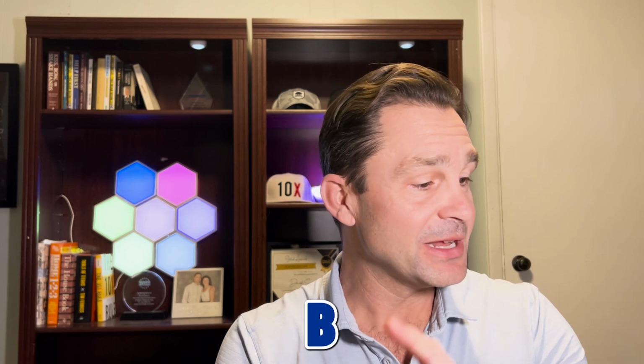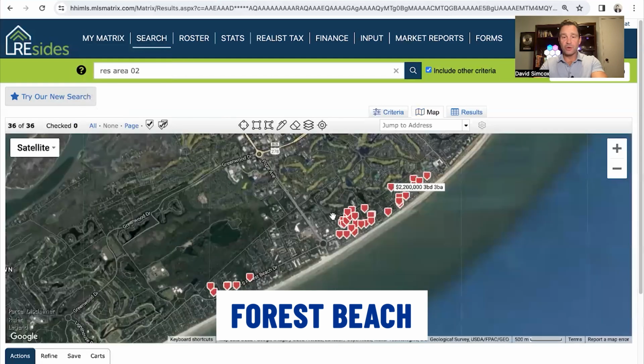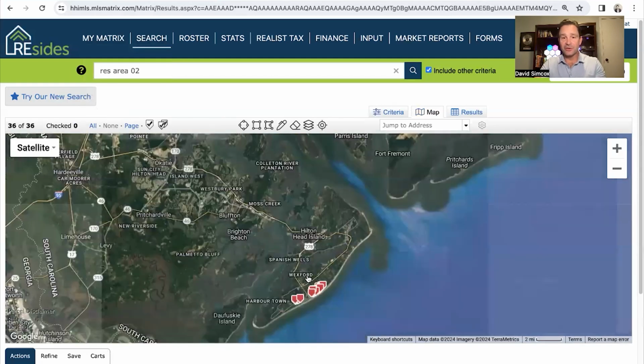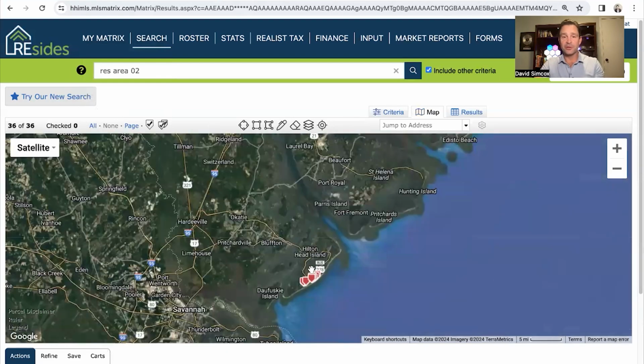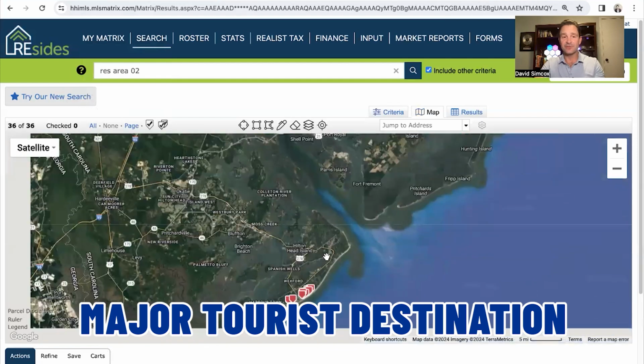So we don't have any neighborhoods starting with A, B, C, D, E, but we do have an F. So we are going to start with Forest Beach. And Forest Beach, if we look right here on the map, I'm going to zoom out, and this is Hilton Head Island. If you're not familiar with Hilton Head Island, it's been a major tourist destination since the 1950s.